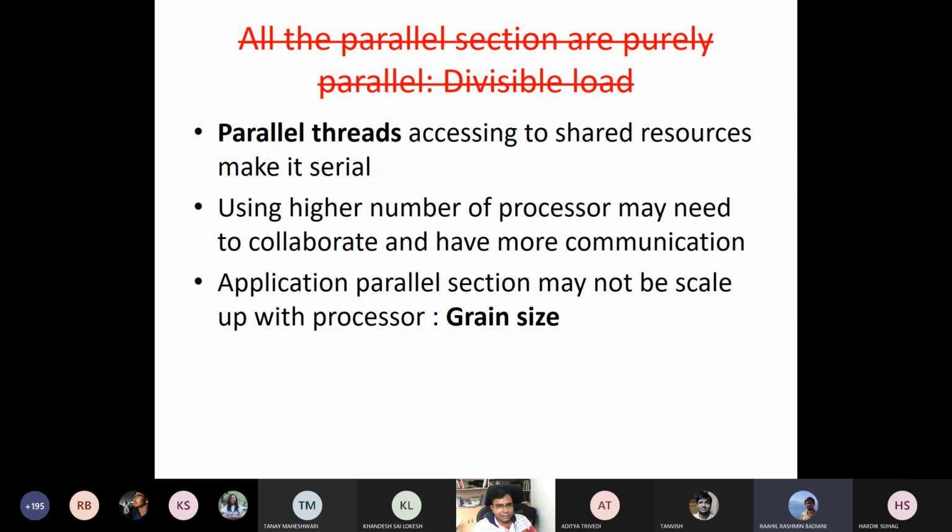That means parallel threads accessing shared resources make it serial, and using a higher number of processors may need more collaboration and more communication. The application's parallel sections may not scale with processors. So we may not always get a divisible load.